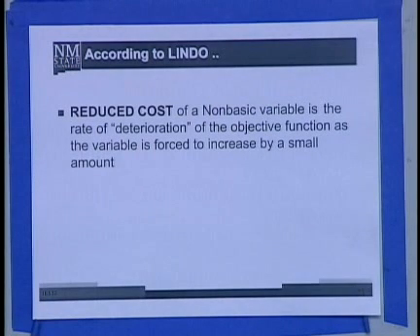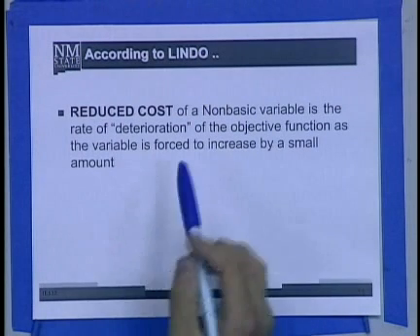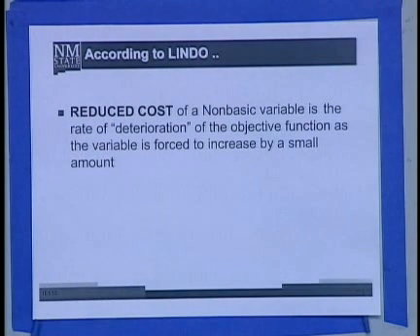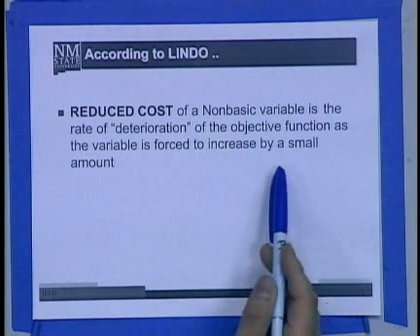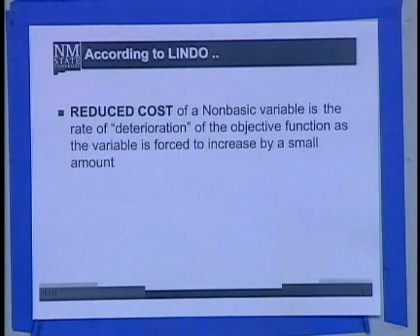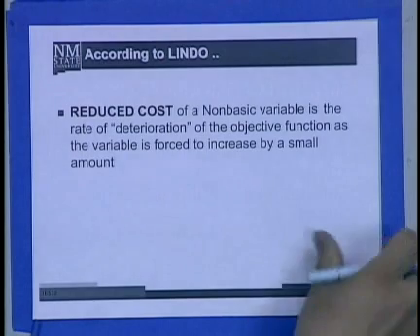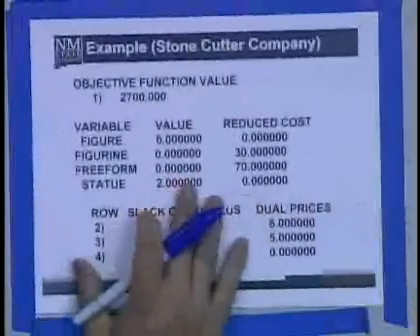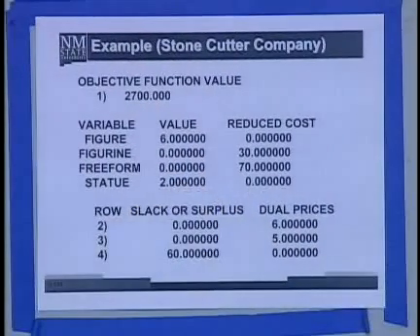You remember the reduced cost of a non-basic variable is the rate of deterioration of the objective function as the variable is forced to increase by a small amount, right? And in a maximization problem, the reduced cost gives the rate of decrease in the objective function value.